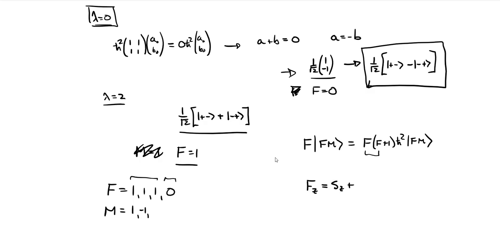Because this is S_c plus I_z. So the S_c operator is going to give us a 1/2 and a minus 1/2, and the I_z operator is going to give us a minus 1/2 and a 1/2, and these. So this is going to be an m equals 0 state for both this and this eigenvalue. So we have 0 and 0, right?